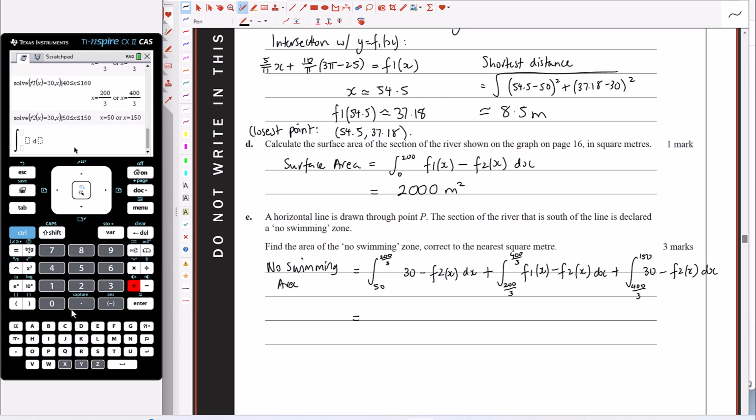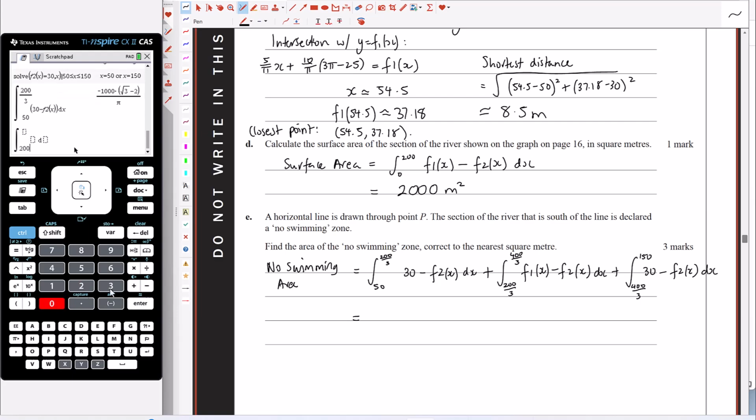Okay, and we want the area to the nearest square metre. Okay, so 50 to 200 on 3, 30 minus f2 of x. Okay, that's that bit. I should have just done it all at once. That's okay though.